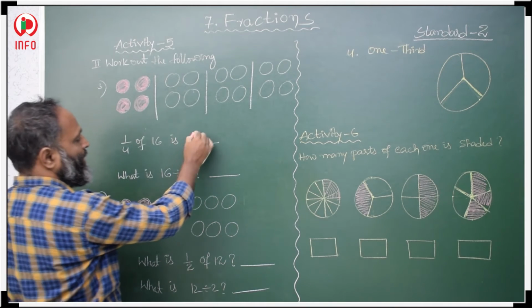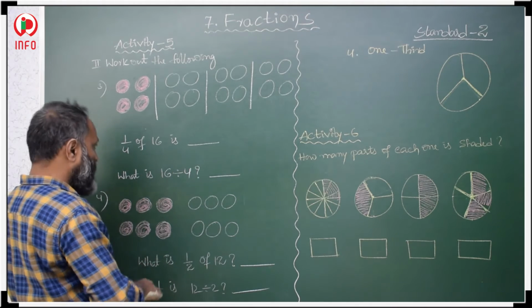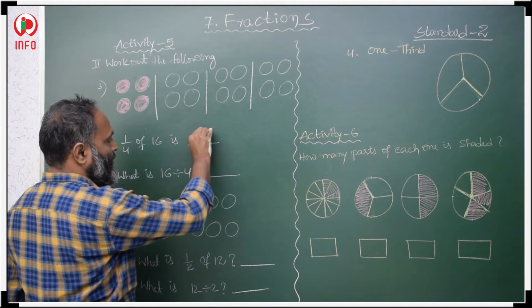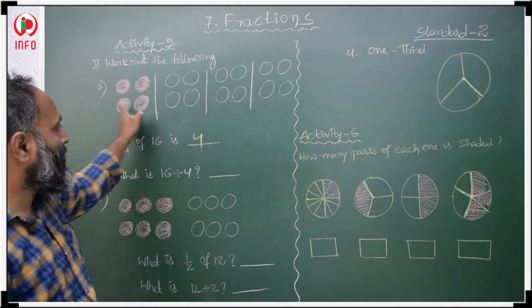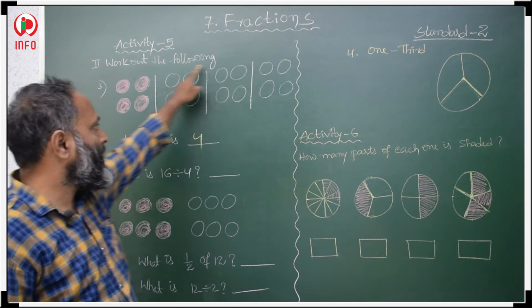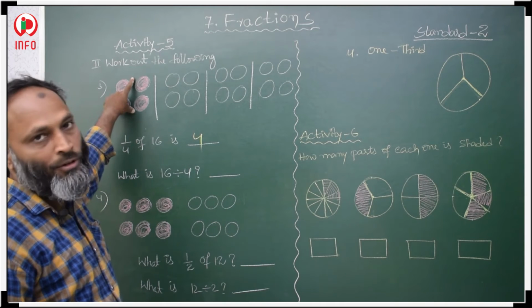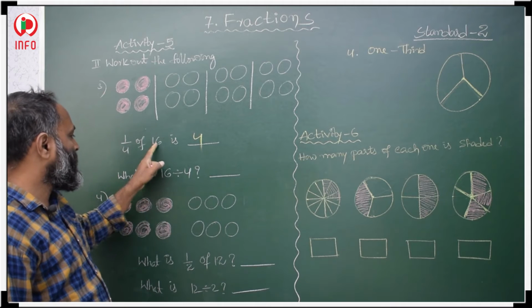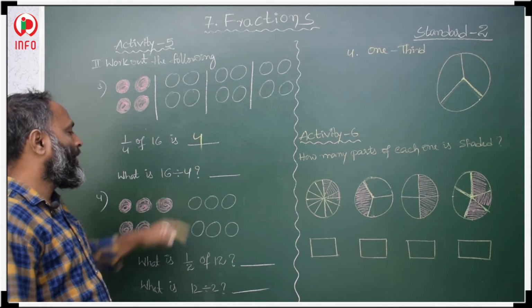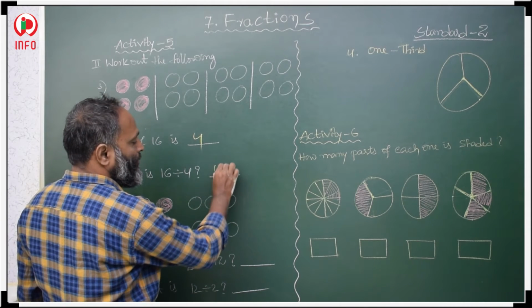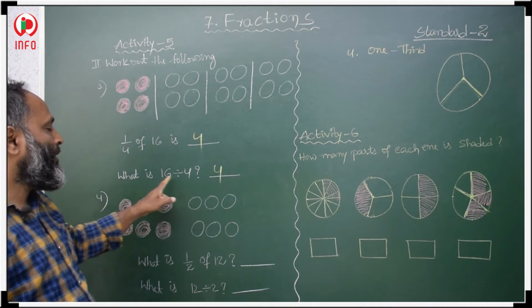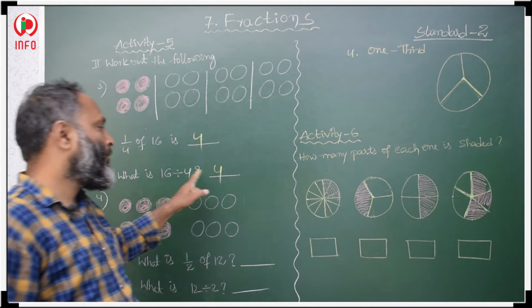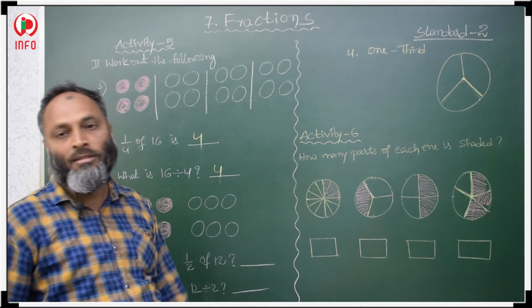That is why he shaded 4 there. So 1/4 of 16 is 4. If 16 is divided by 4, the answer is also 4. 4 4s are 16, so here also 4.